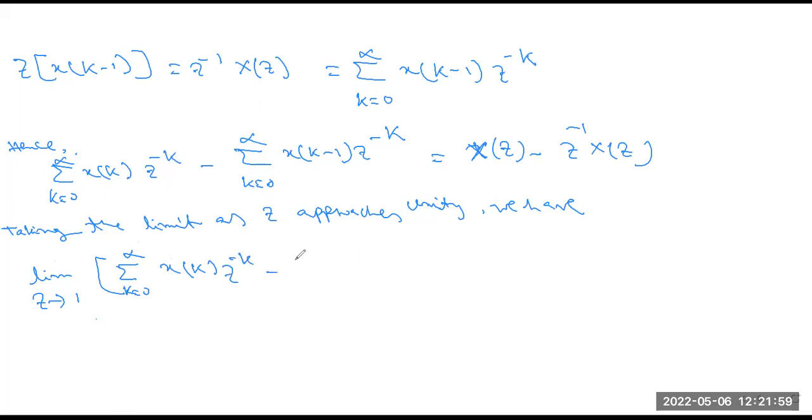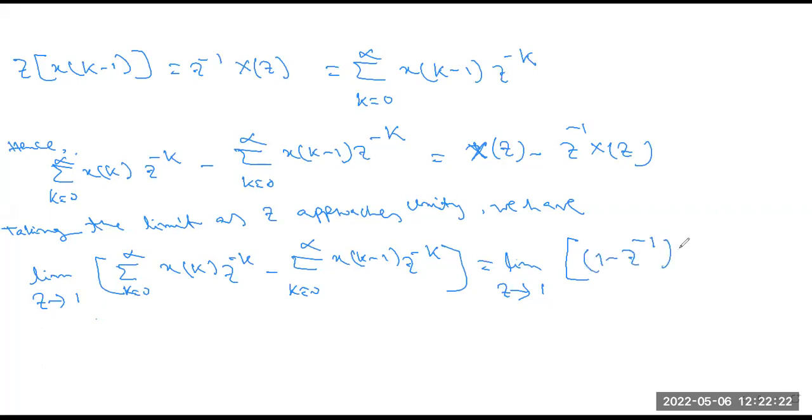These functions you have to write. Another one is also summation k is equal to 0 to infinity x of k minus 1 z inverse. On this side you also have to apply limit z tends to 1 of (1 minus z inverse) into X(z). So you have to put the value of z tends to 1 into these functions also. The value changes again and again.